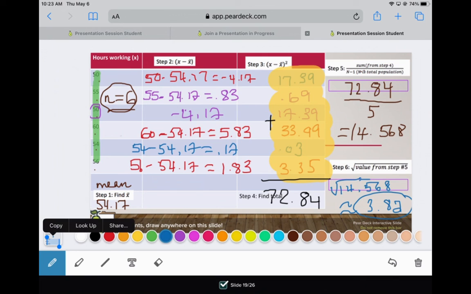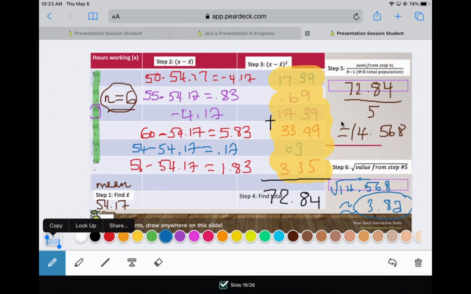Okay, all right. Let me see. Seems like someone asked a question. Why n minus 1? N minus 1 is used when you find the sample standard deviation, not the population. Honestly, I don't know why it's minus 1 for the sample standard deviation. I don't have a good explanation for it.